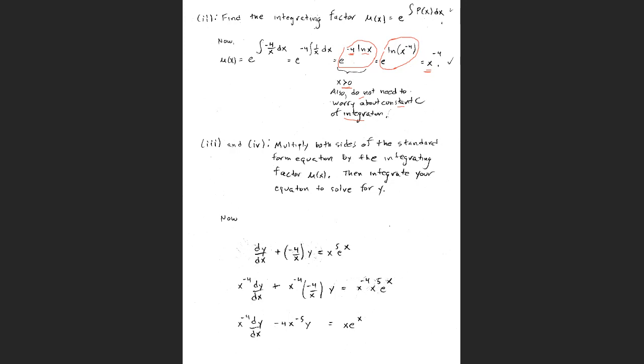So the coefficient of y was -4/x, right? Yeah. So we're doing the integral of that rational function. And that's going to equal -4 times the log of x.